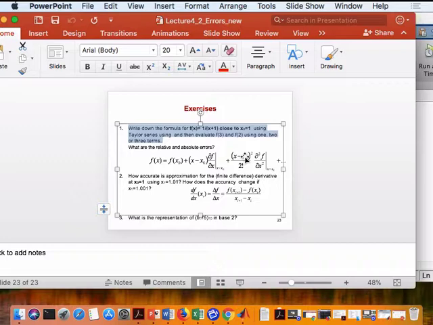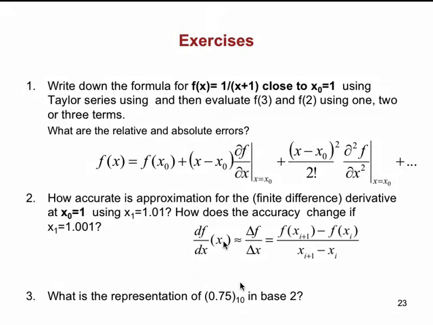The formula says that near x0 equal to 1, f of x is f of x0, which is literally 1 over 1 plus 1, right?